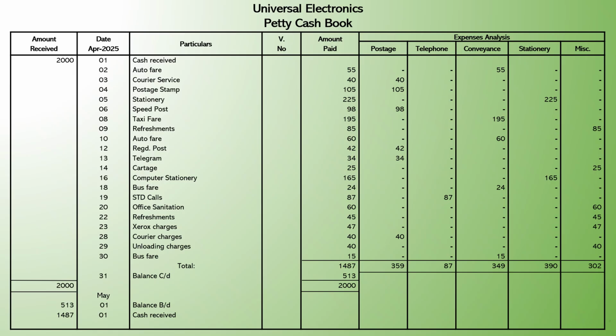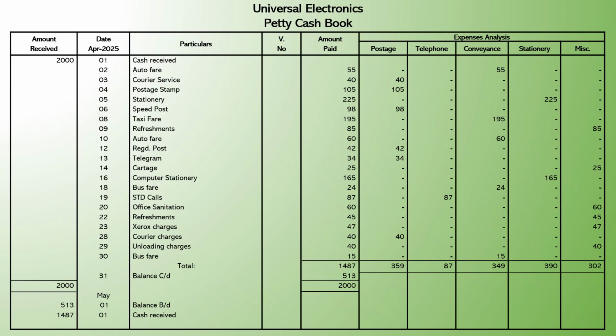April 12, registered post ₹42, enter as payment and also under postage. April 13, telegram ₹34, enter as payment and also under postage. April 14, cartage ₹25, enter as payment and also under miscellaneous.